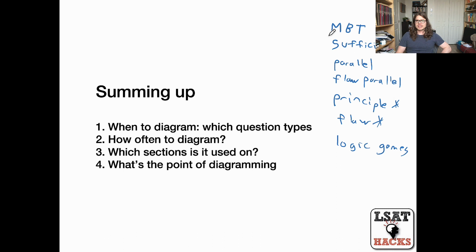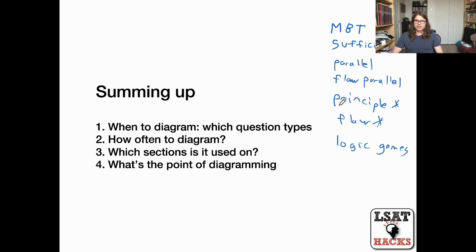Whereas must be true says it has to be 100% true, and it's that 100% that means you can do conditional diagrams. Sufficient assumption, generally speaking, is making it 100% true. So that's where the diagramming comes in. Again, not every sufficient assumption question is something you should diagram, but a lot of them are, and you should practice diagramming them so that you can recognize when to do it or not.